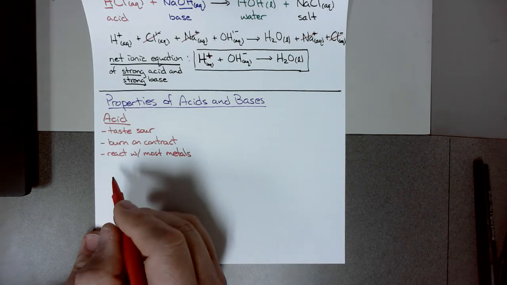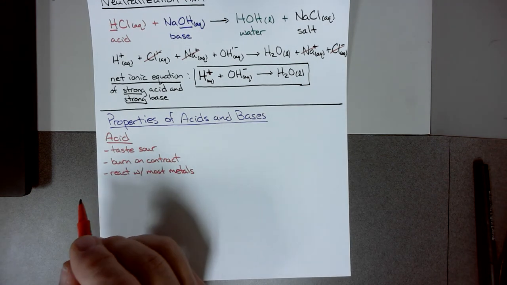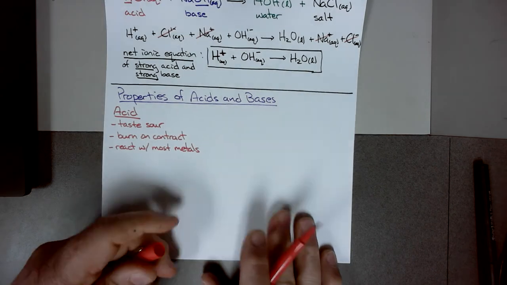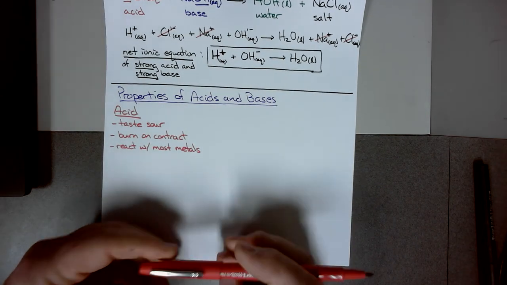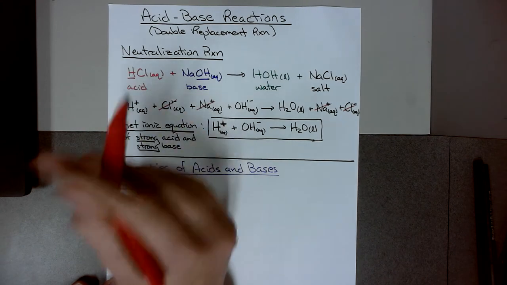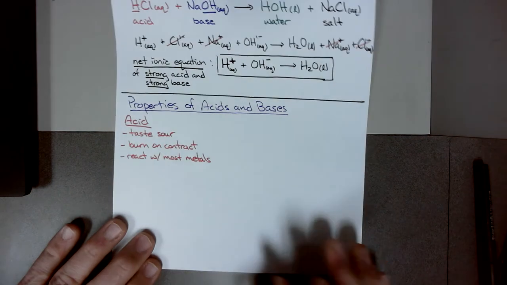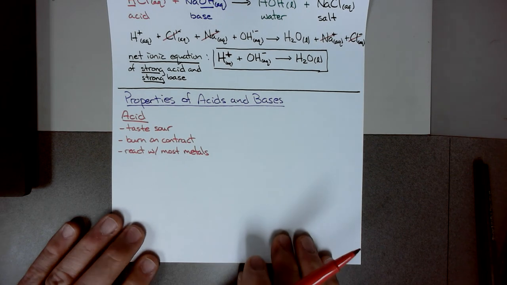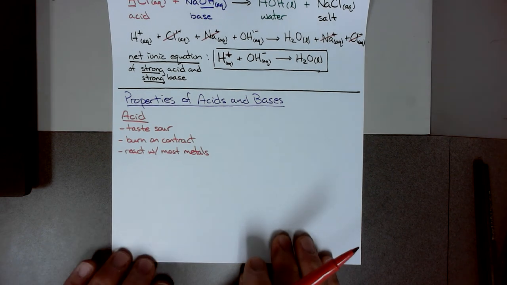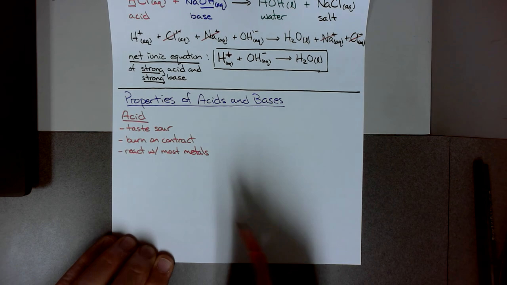And you can tell that by the activity chart. If you went back to the activity chart, you notice there's only like 3 or 4 metals below hydrogen. And remember, hydrogen's the acid, and so it's only like gold, copper, silver, and platinum, I think. But everything else, all the other metals react.